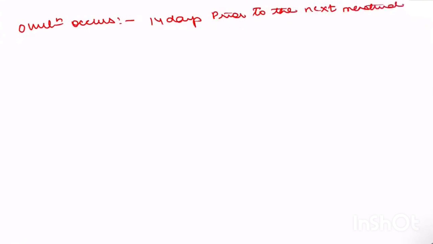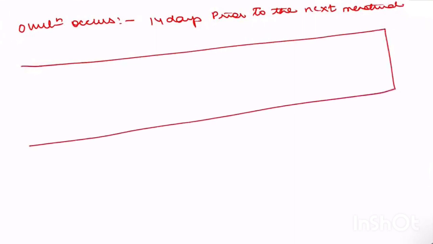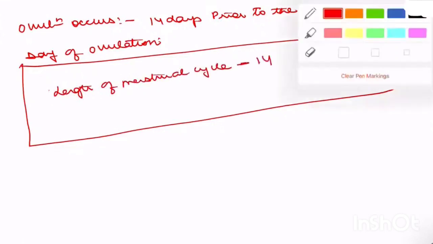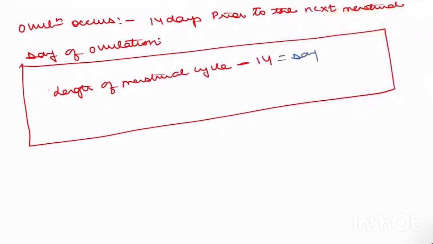Right? क्वेश्चन में आएगा the day of ovulation. अगर day of ovulation कैलकुलेट करने को बोला जाएगा, so what you are going to do is from the length of menstrual cycle, you will subtract 14 and you will get the day of ovulation. Many times this question has been asked in all entrance exams.